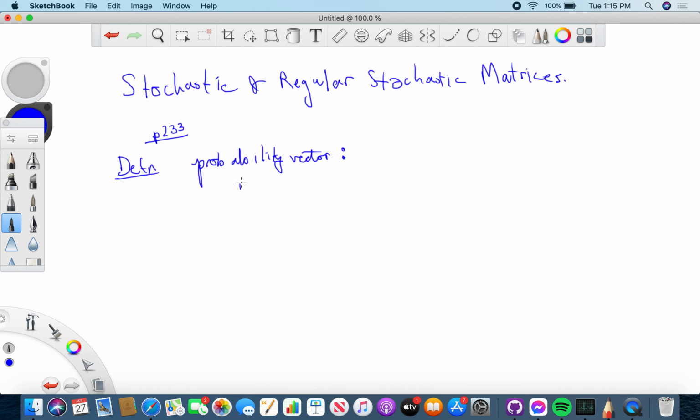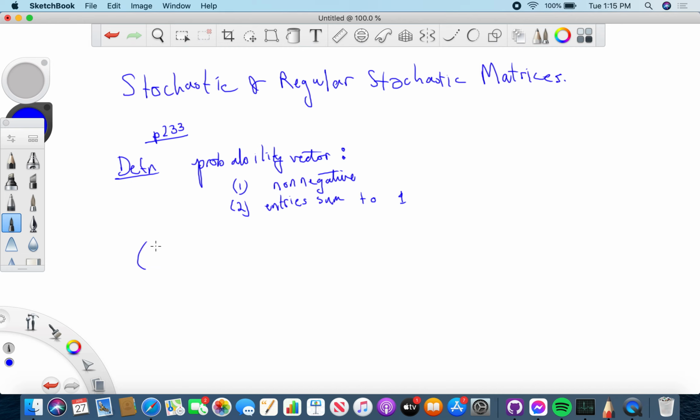So it is non-negative and the entries sum to 1. I'll explain the second point first, since I think it's perhaps easier to understand.